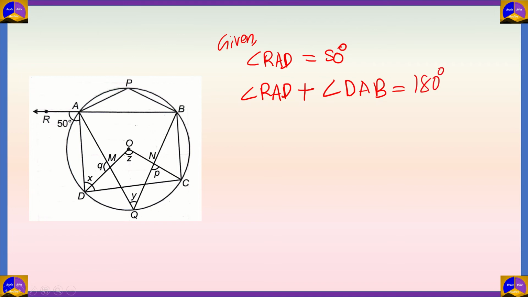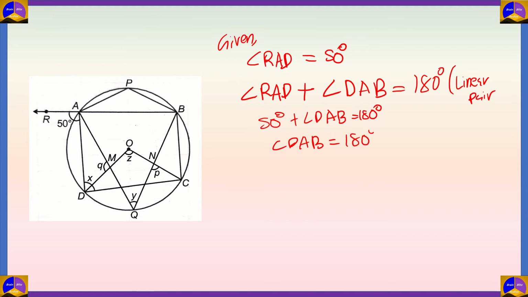The reason? Both of these are a linear pair. Now RAD is 50 degrees plus angle DAB is equal to 180 degrees. So angle DAB is equal to 180 degrees minus 50 degrees, which we get as 130 degrees. So this part is 130 degrees.